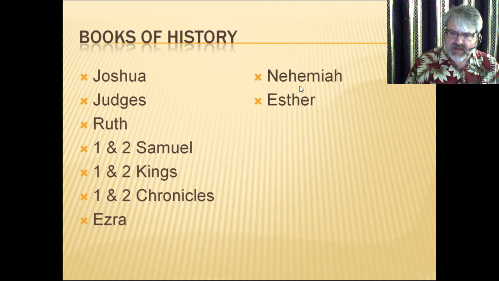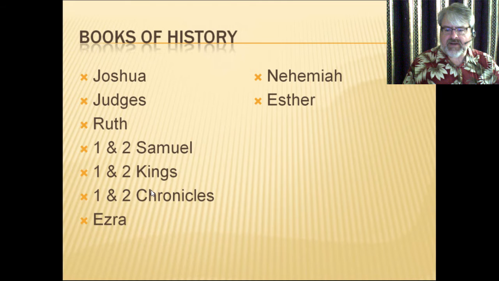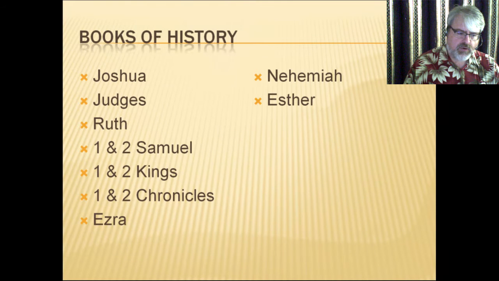Ezra and Nehemiah describe their return from Persia into the Promised Land, kind of the re-establishment of Israel. Samuel, Kings, and Chronicles all describe the dynastic period of Saul and David and Solomon and so forth. So these are very important books for us to bridge the gap from Old Testament to New Testament.